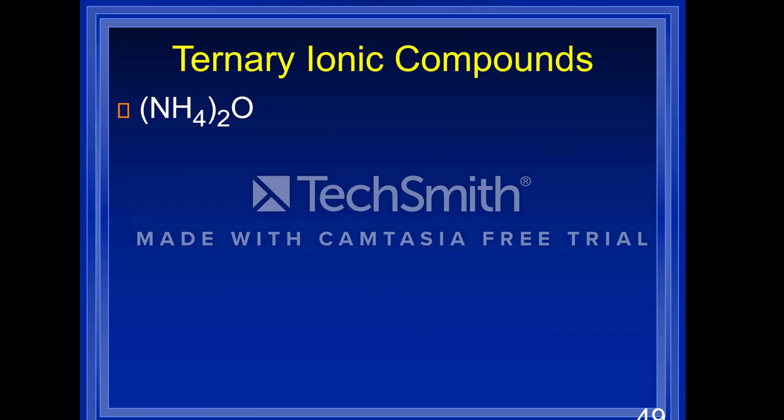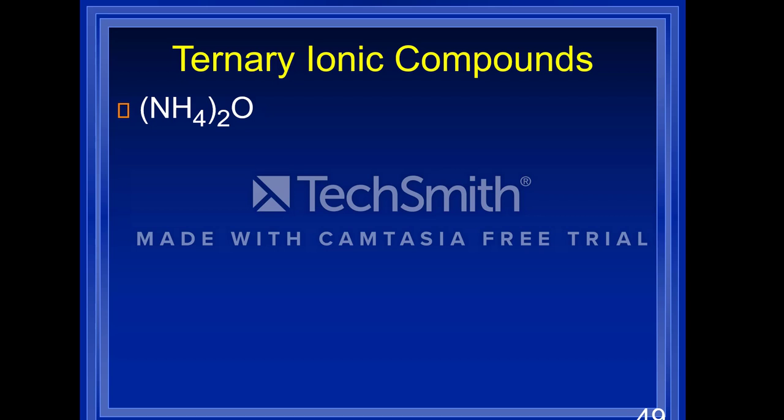What is that? (NH4)2O. See 3 capital letters. But that first thing is not a metal. So it's not a metal, but it's positive. We've only got a couple of things, or I've got one thing that's not a metal and it's positive. It's on the back side of my periodic table.